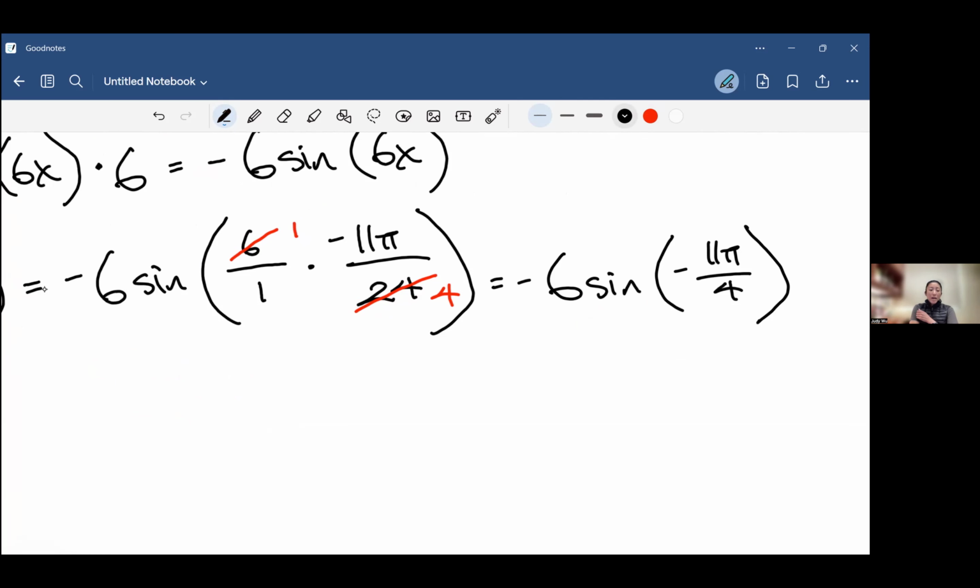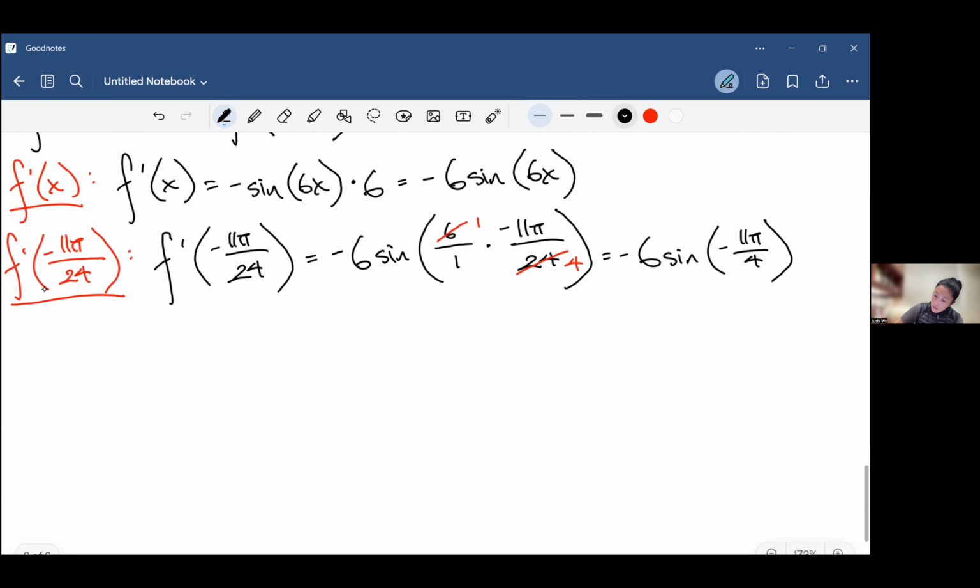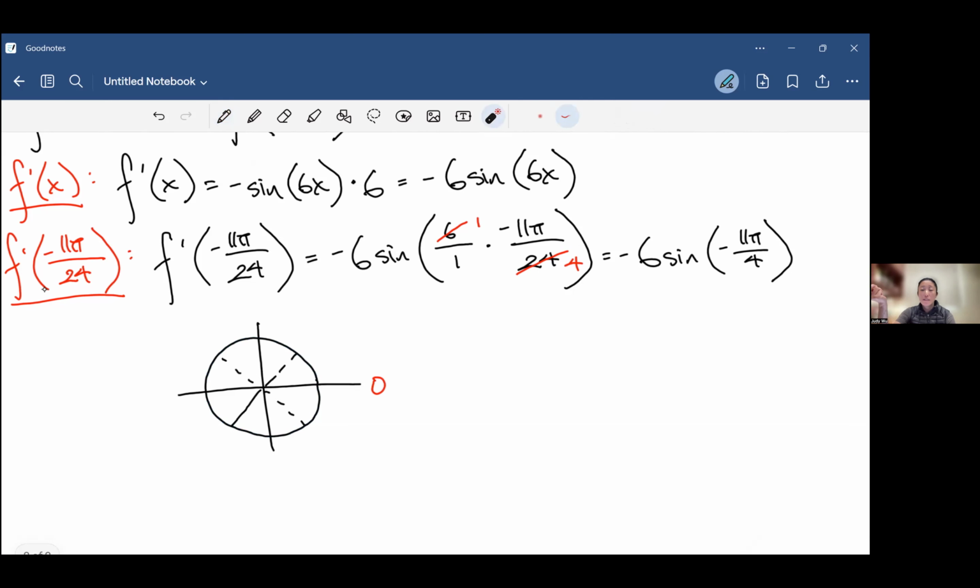Okay. Now, when we find 11 pi over 4 on our unit circle, so I'm going to draw a real quick unit circle, but we've got our pi over 4s right here. Okay, so this is 0. If I want a negative 11 pi over 4, I need to count in the opposite direction, okay?